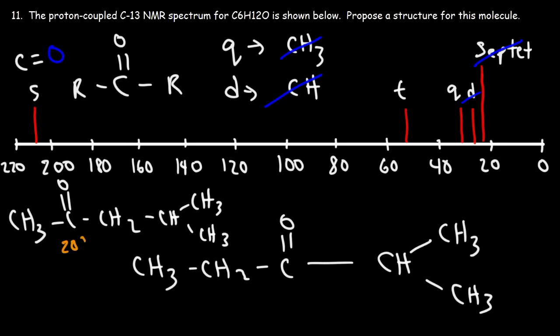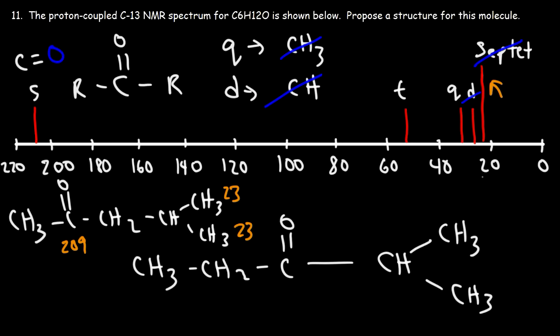The signal for the carbonyl group is 209. And for the septet, that's around 23. So that's the 2 methyl groups that are equivalent to each other. And we can see that because the peak is tall, it indicates that there's 2 or more equivalent carbons that correspond to that signal.